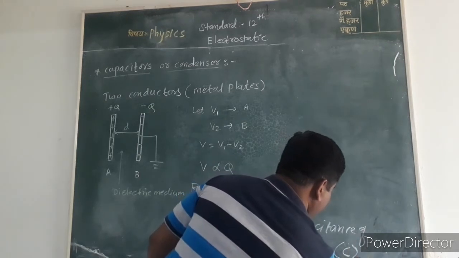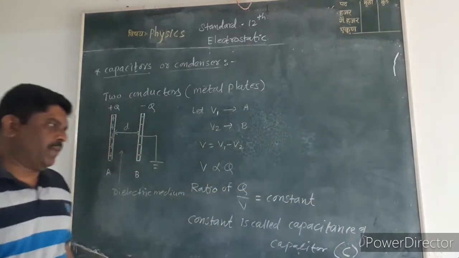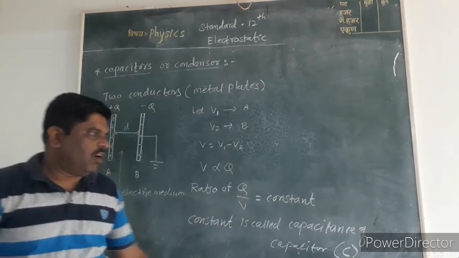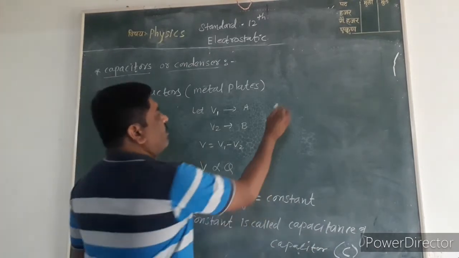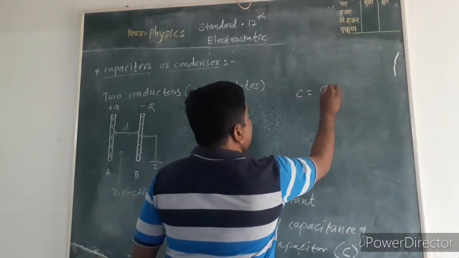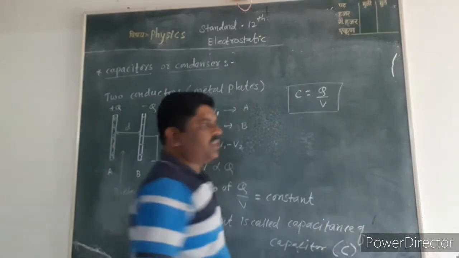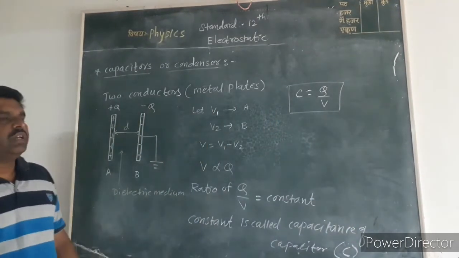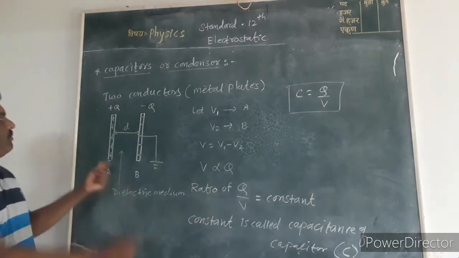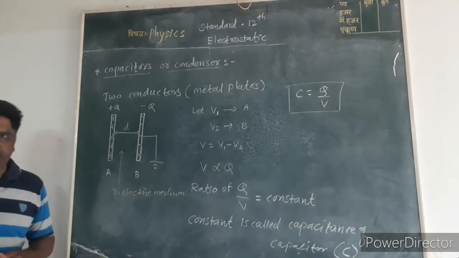Suppose C is the capacitance of the capacitor or capacity, therefore C is equal to Q upon V. This equation gives the capacitance or capacity of the given capacitor.